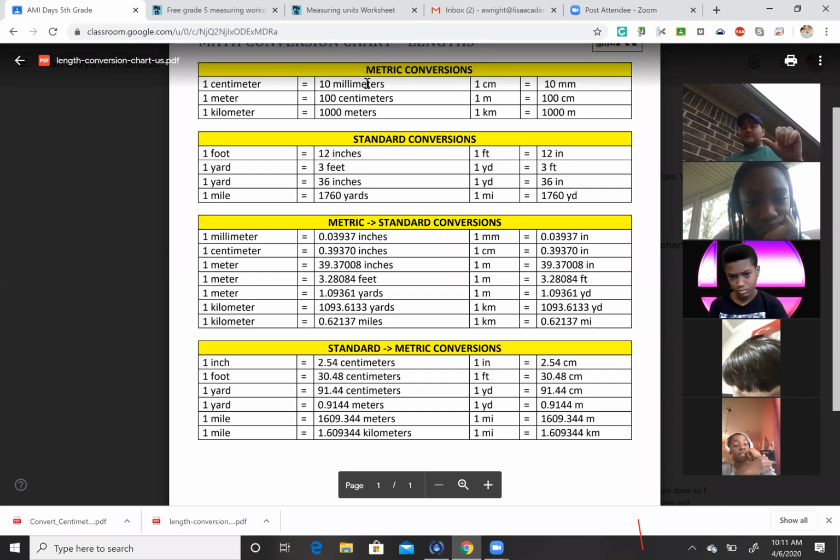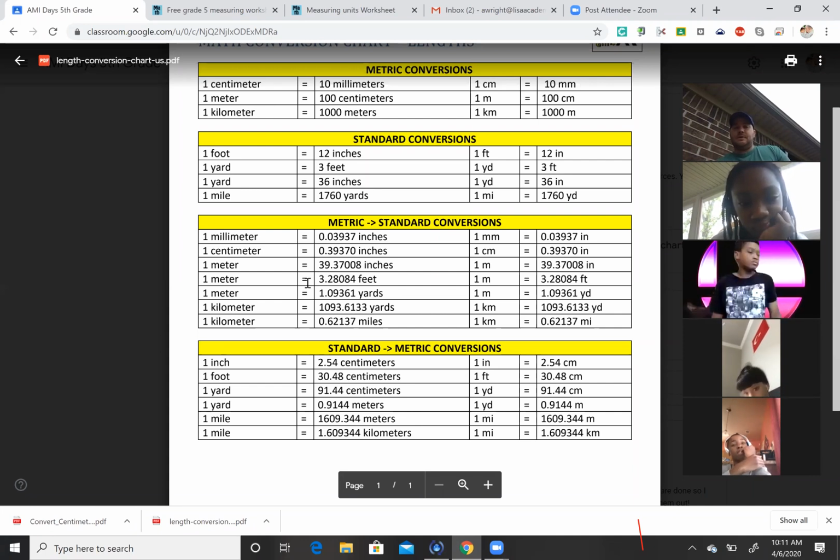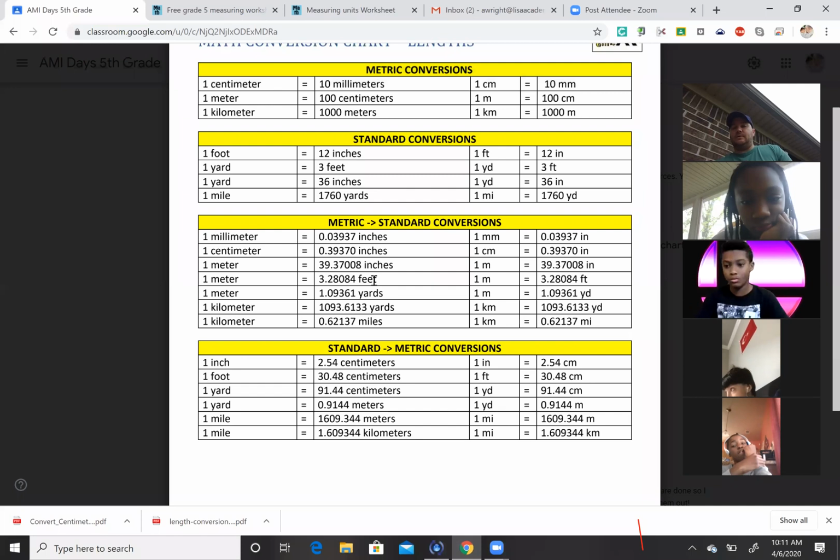The last thing we're going to touch on here is kilometers. 5Ks, they're big, they're huge, right? A meter is pretty well equivalent to a yard, so about 3 feet. It's a little bit bigger. If you look right here, 1 meter equals 3.2 feet, so about 1.1 yards.